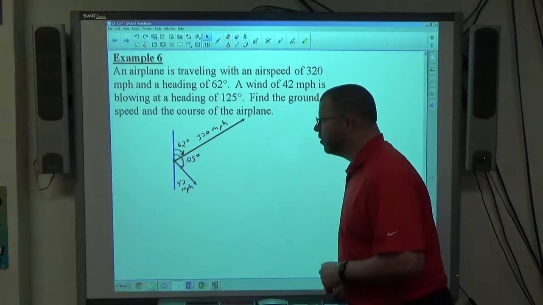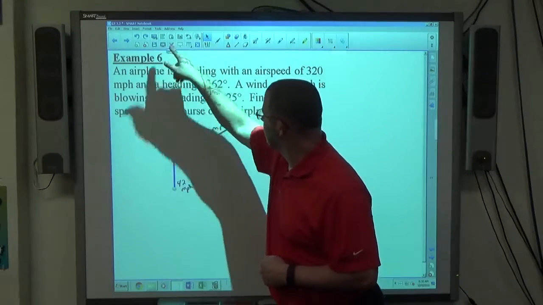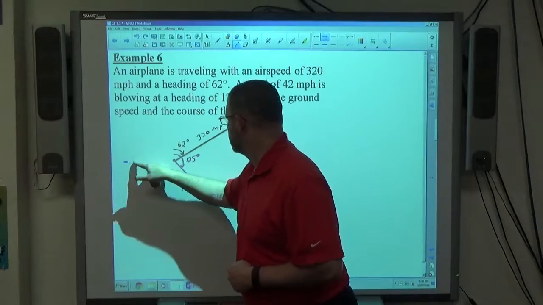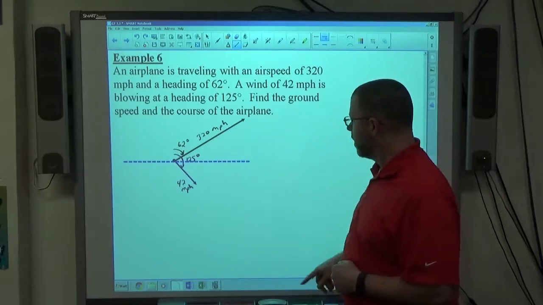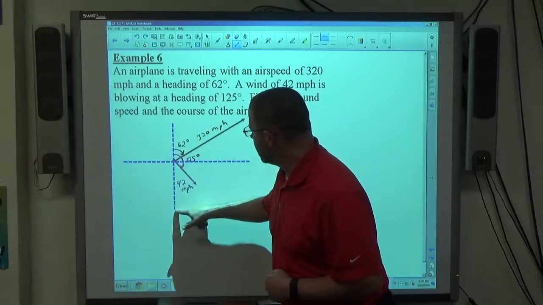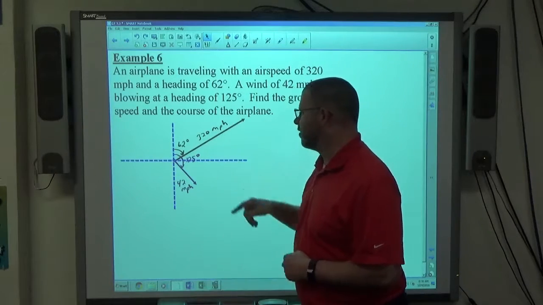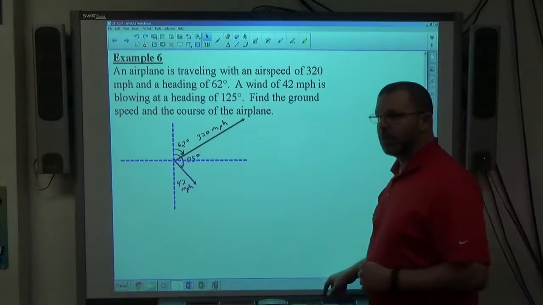So if we go into vector world, I'm going to get rid of this line here. And now I'm going to draw a horizontal line through there like so. And I'm going to put the vertical line back in there too. So if I superimpose an XY axis on this thing, the vector is going to be the length of the vector and then the angle from 0 counterclockwise to the vector.